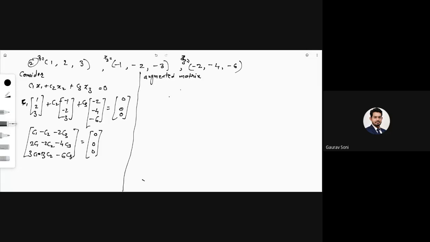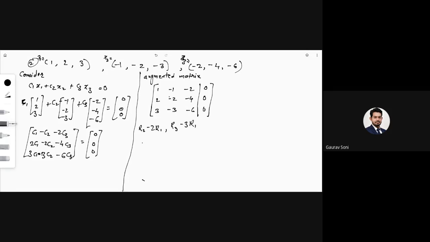What we have is 1, minus 1, minus 2; 2, minus 2, minus 4; 3, minus 3, minus 6, vertical line, 0, 0, 0. Let's do the calculations: R2 minus 2 times R1, R3 minus 3 times R1.